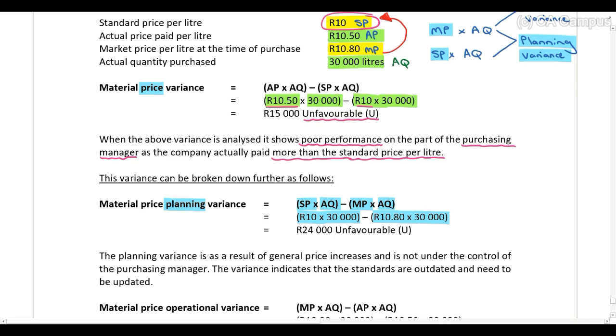And this planning variance is going to be unfavourable because the price of material has increased. You can see that the current market prices are 10 Rand 80, and obviously when the standards were originally set, the market price was 10 Rand. So material is going to cost more, the market prices have increased, and therefore the planning variance is unfavourable.